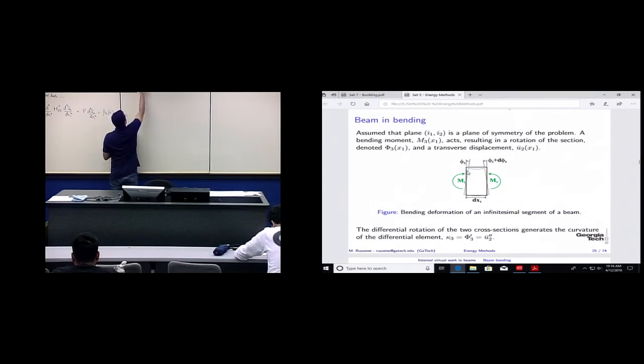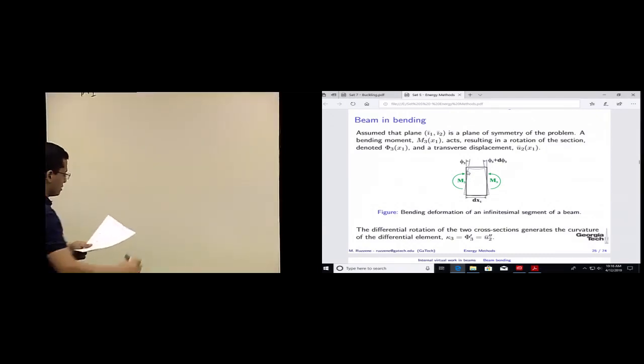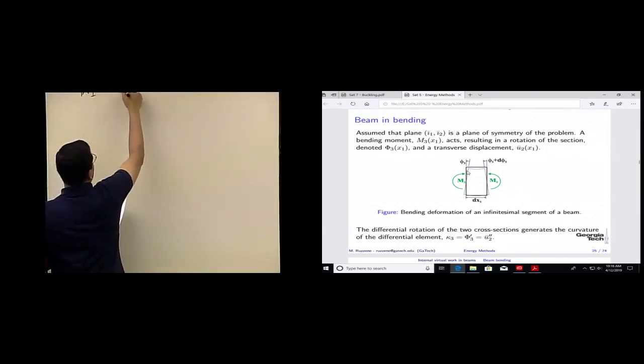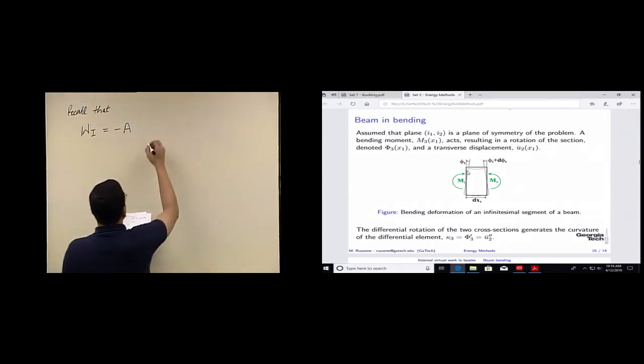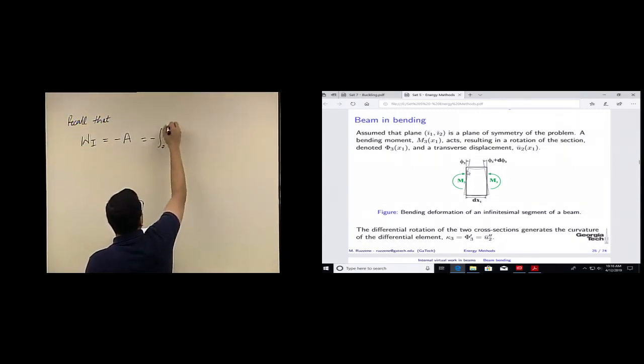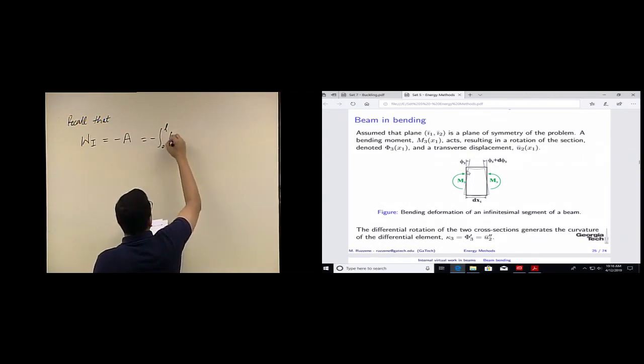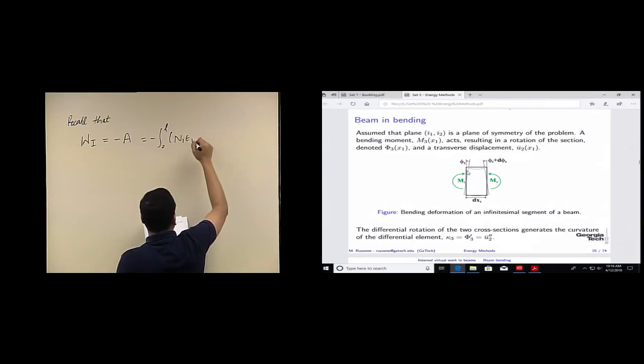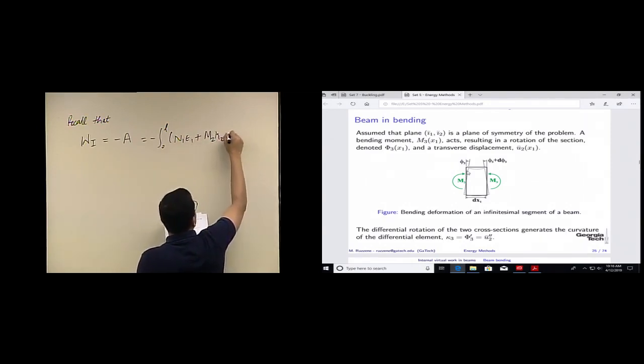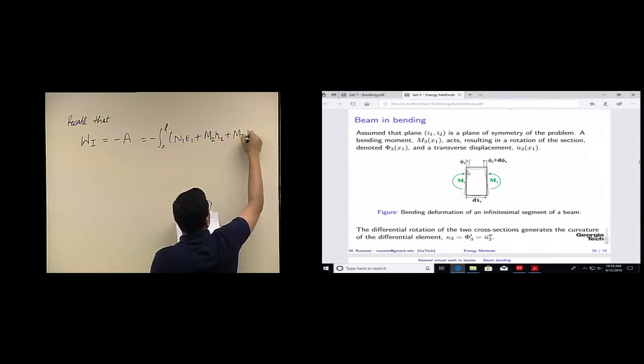Recall that the work done by internal forces is equal to the negative of the strain energy, which is equal to the integration from 0 to L of n1 epsilon 1 plus m2 kappa 2 plus m3 kappa 3 dx1.